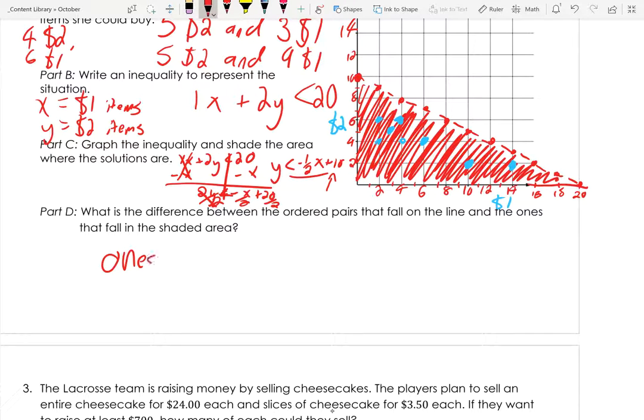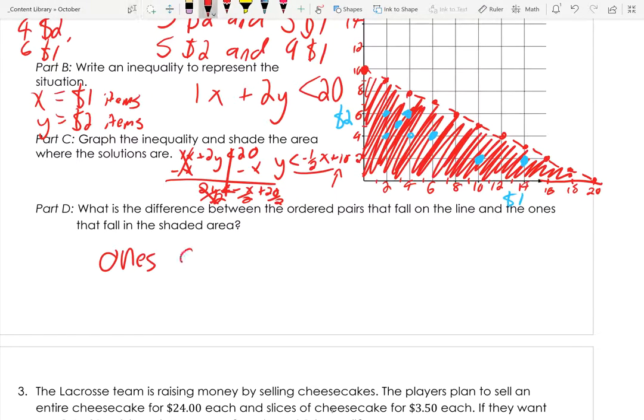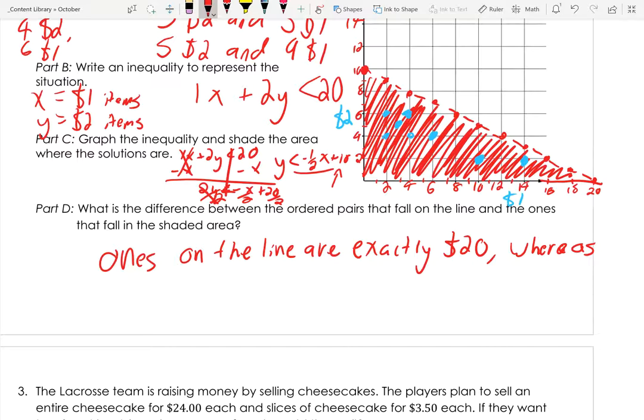Ones on the line are exactly $20, whereas ones below the line are below. I could say less than, but I like to keep that word going. Below the line is below $20.